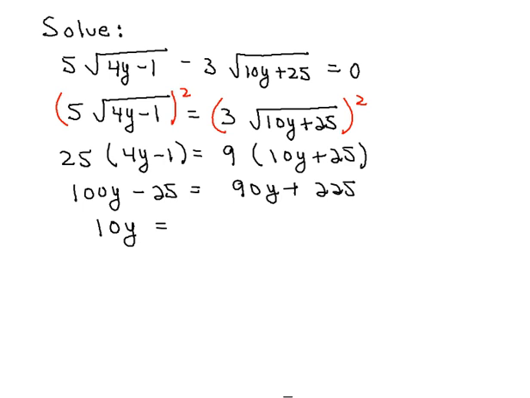And adding 25 to both sides, we will have then 250. And so we end up then with a possible solution of y being equal to 25. Now remember, it's crucial and imperative we check the solution back in the original equation to see if it's going to be a valid solution. So we'll do that next.